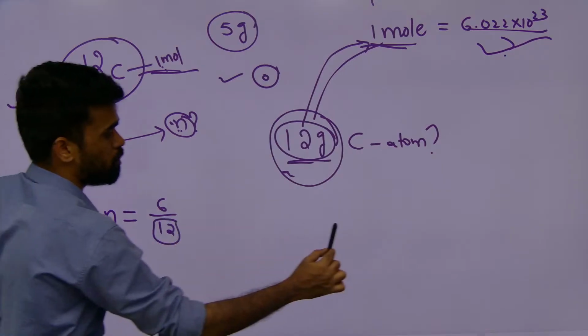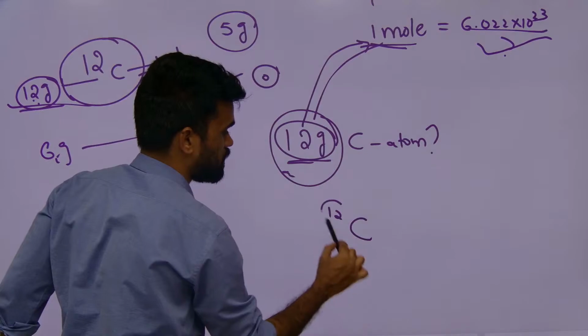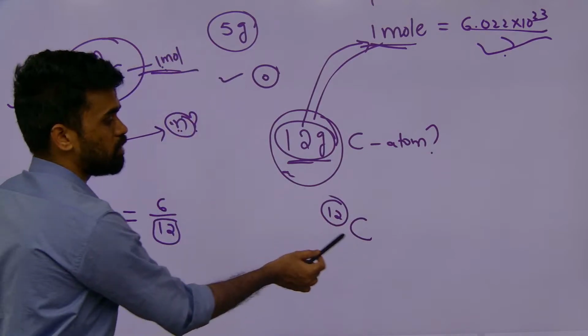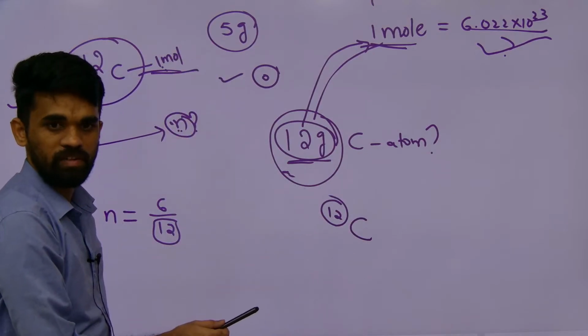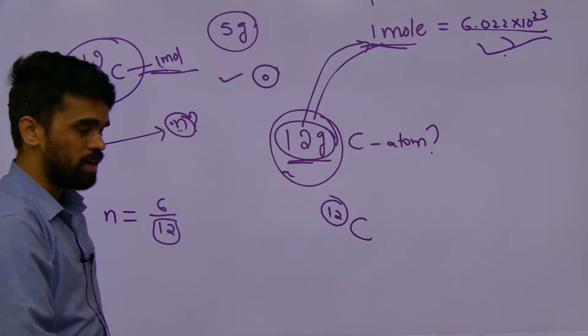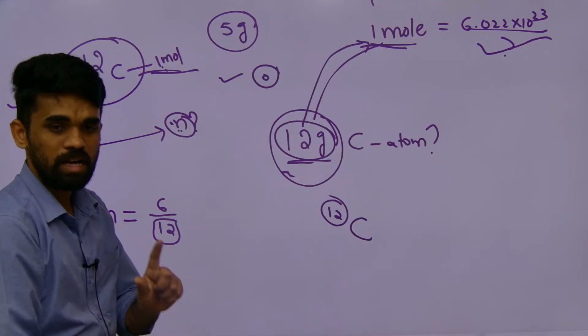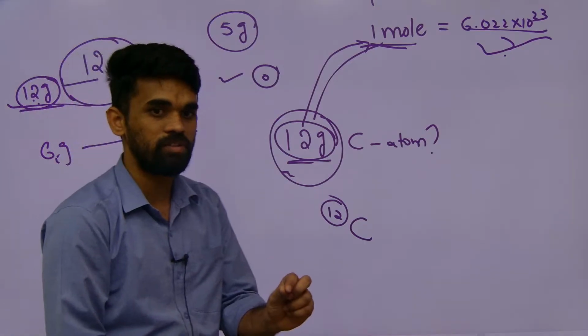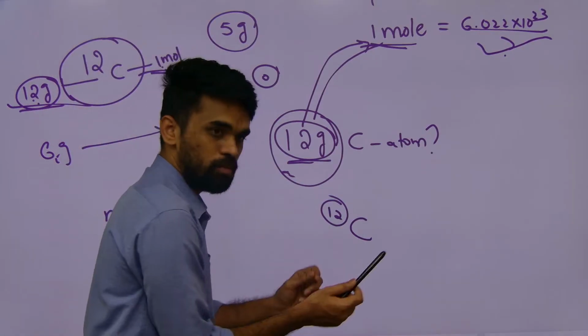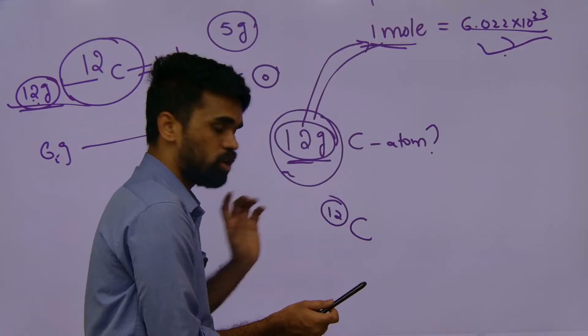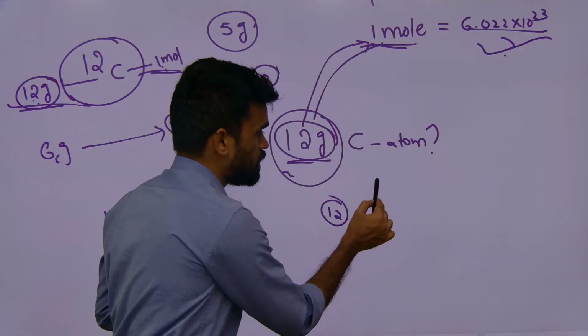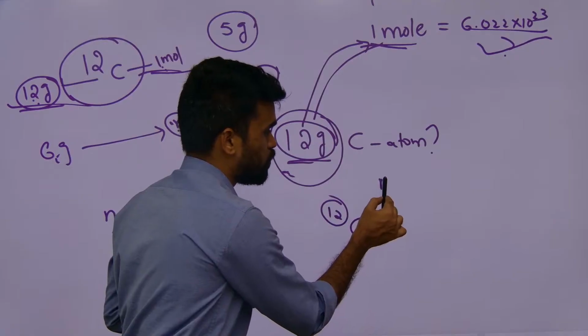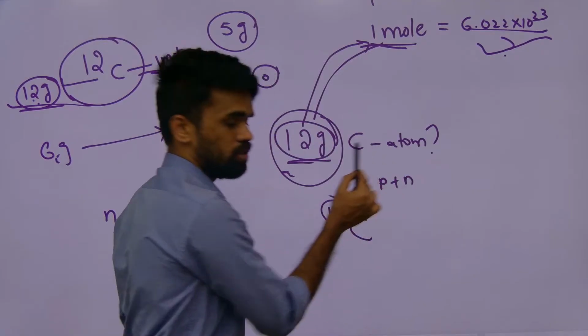When it comes to carbon, what is this 12 actually? 12 is nothing but its molar mass or molecular weight. So I am defining two terms now: molecular weight and molar mass. Atomic weight is nothing but the sum of the number of protons plus neutrons.